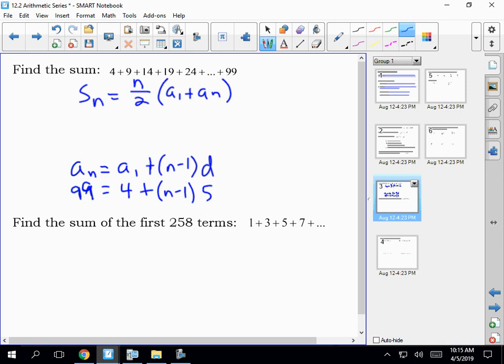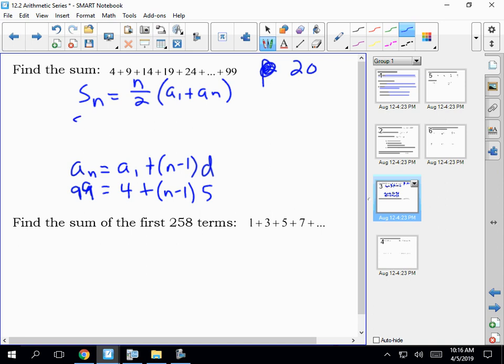So what Wyatt said is find the difference between these two. That's what we're doing here algebraically, and then divide by 5, and then add 1. We would have to add 1. So 95 divided by 5 is 19, plus 1 is 20. So what we find out here is that there are 20 terms in this thing.